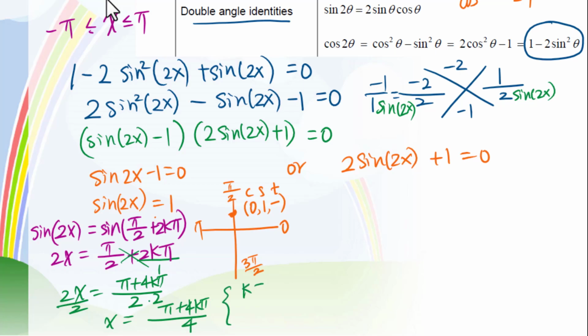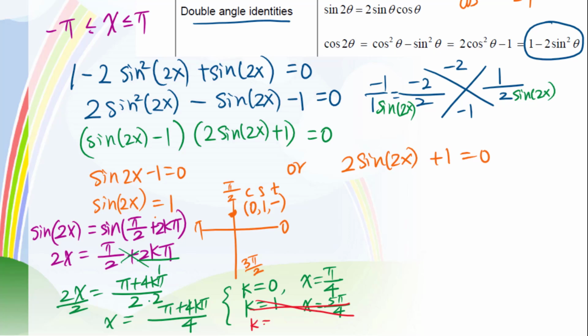When k equals 0, x equals pi over 4. k equals 1, x equals 5 pi over 4. It's greater than pi, so we cross it out.